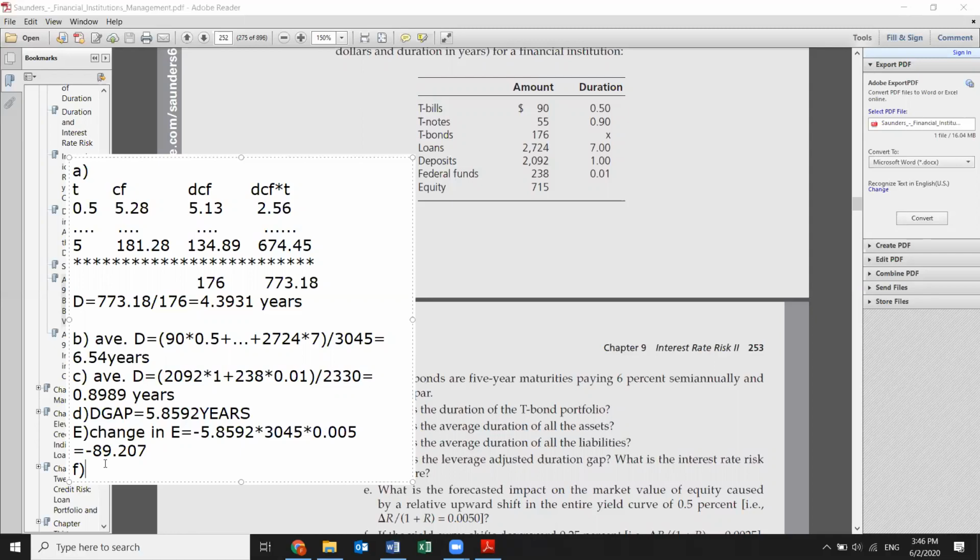Okay. In part F, the yield curve shifts downward by 0.25%, like 25 basis points it decreases. So the interest rate shock is negative. So what will be the forecasted impact on the market value of equity? So how much will your change in equity be?